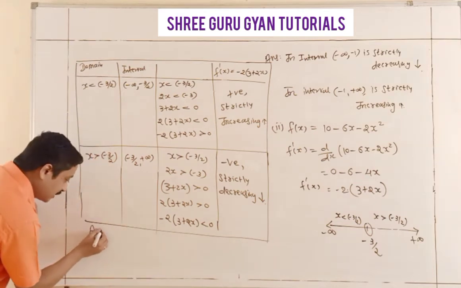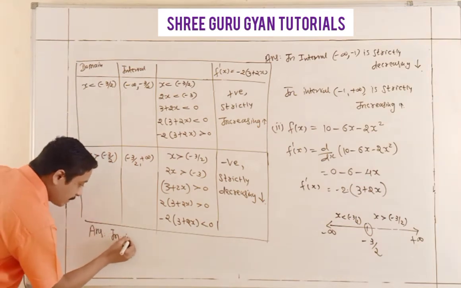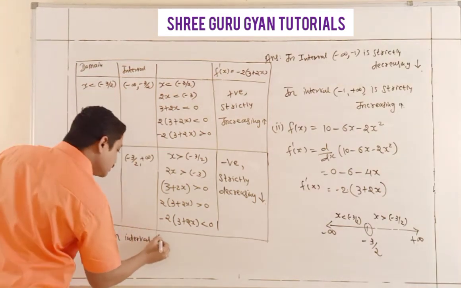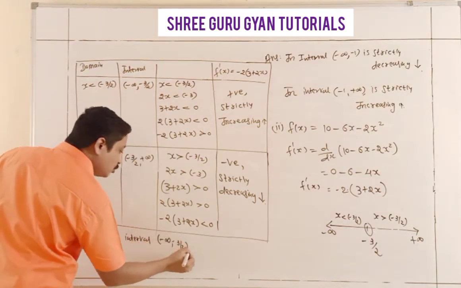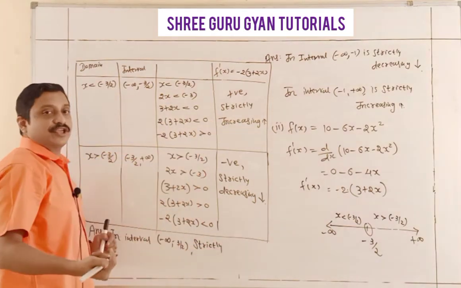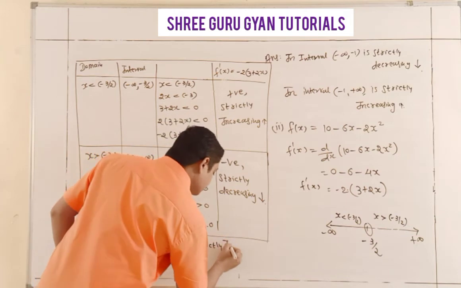Out of that you write down the interval. The first interval, minus infinity to -3/2, is strictly increasing.